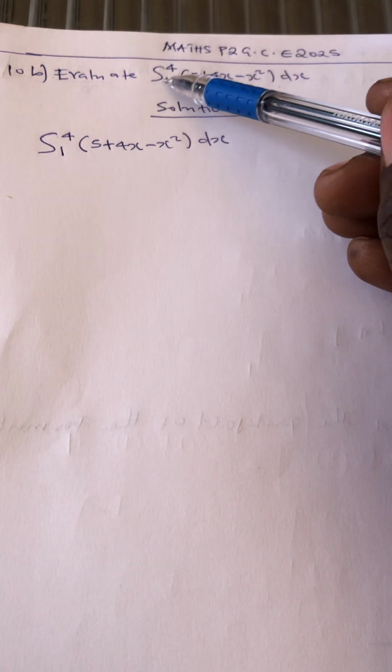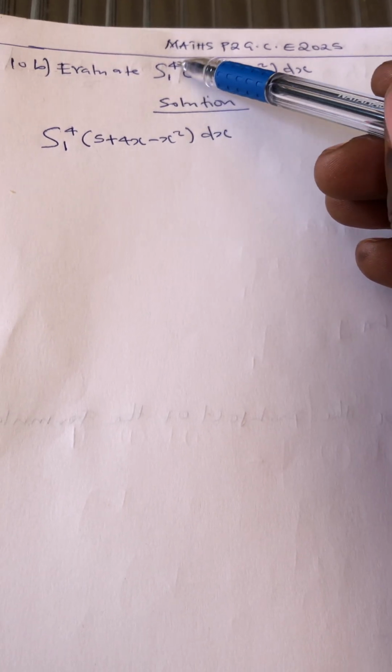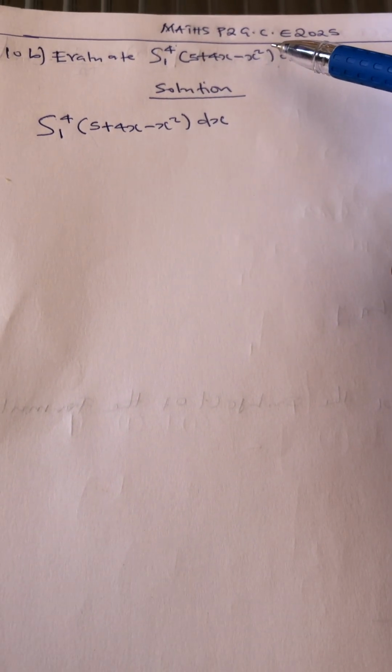So when you look at this nicely, this is just integration. We have these two limits, the upper limit and the lower limit, given, meaning this is a definite integral.